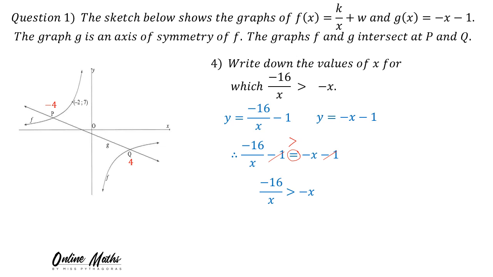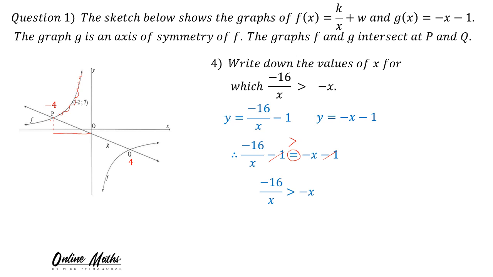So what does this mean? This means on your graph, where will the hyperbola lie above the straight line? Now when you go to your graph, there at P, the x-coordinate is -4. And it's from -4 up to 0 where the hyperbola lies above the straight line.